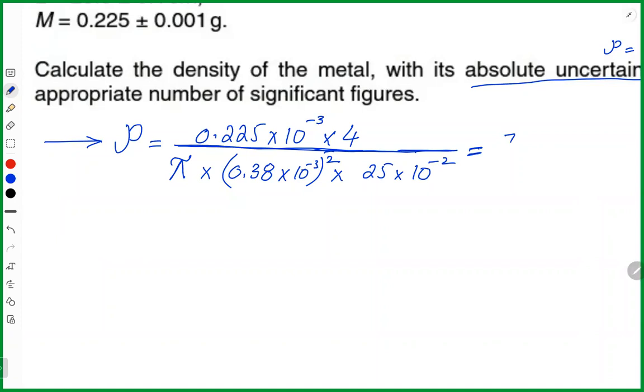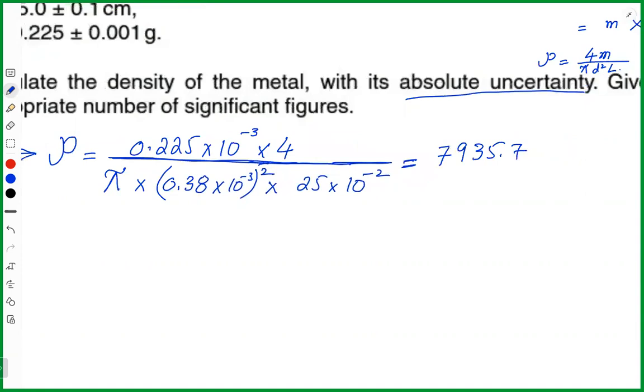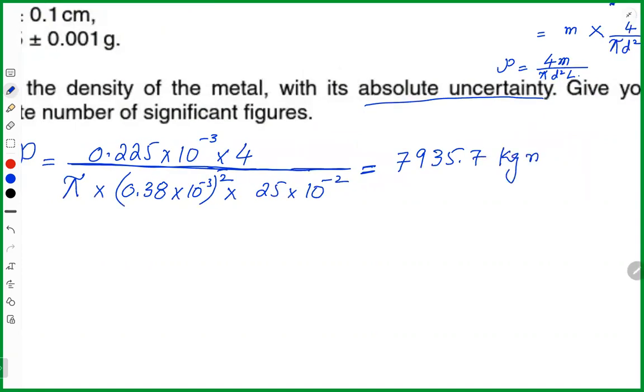I got 7935.7. Somebody else was telling me 7940, I guess. Yes, you're right. You were rounding it off in 4 figures. Perfect. So this is my answer for kilogram per meter cube for the density.